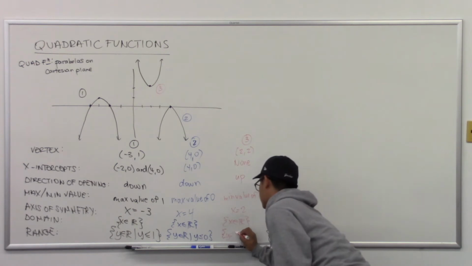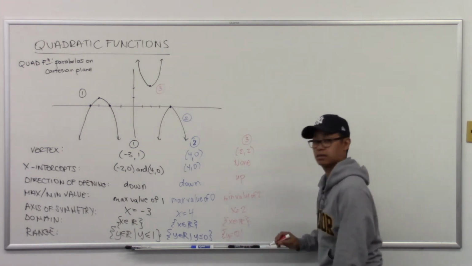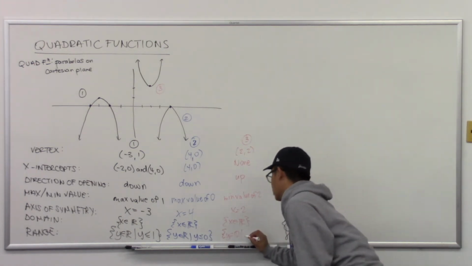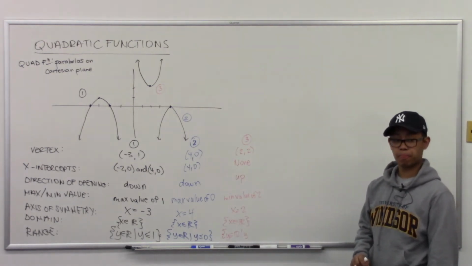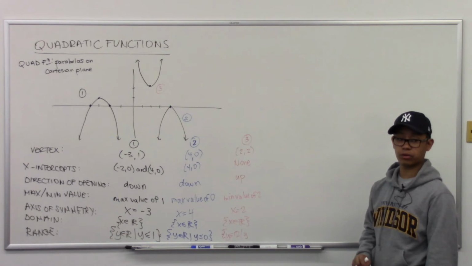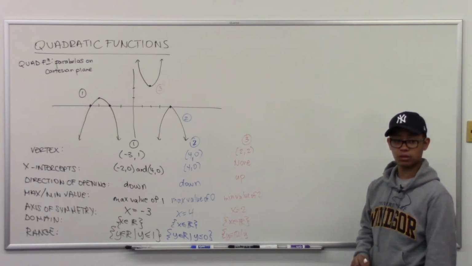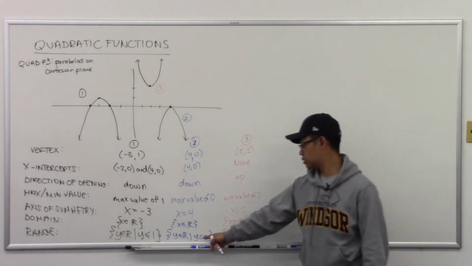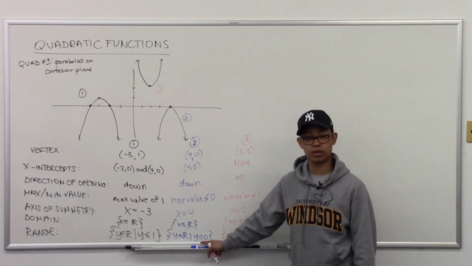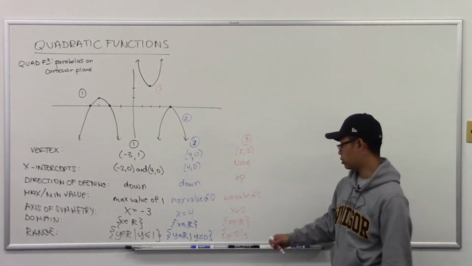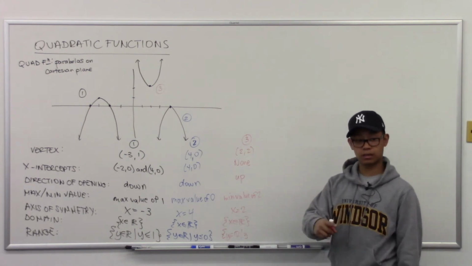Y belongs to the set of real numbers such that y is not equal to 2. What symbol are you going to use? Well, what's this one? I was saying less than or equal to 0 because it's all below 0. So then this one is?